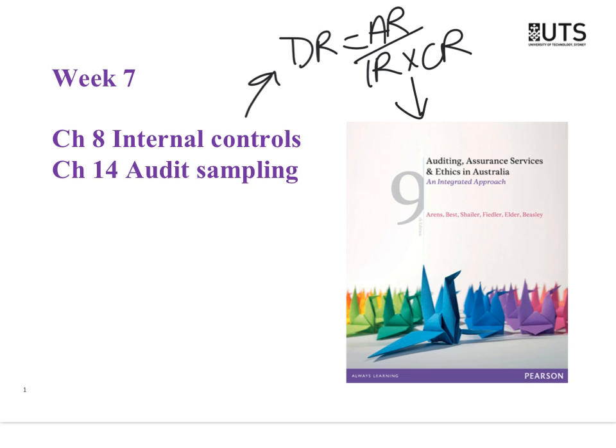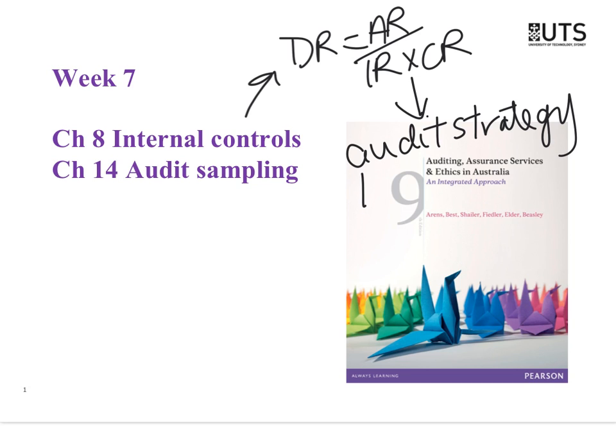And then this feeds into our audit strategy, whether we're going to have substantive tests or tests of controls. And whatever our audit strategy, we need to be able to collect evidence to allow us to generate what at the very end? What's the end product? Our opinion, yeah.